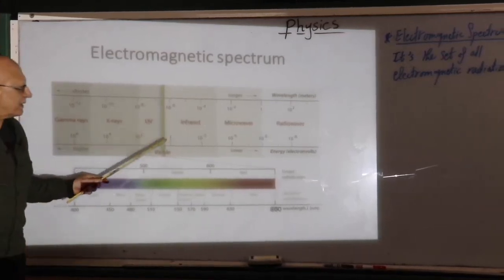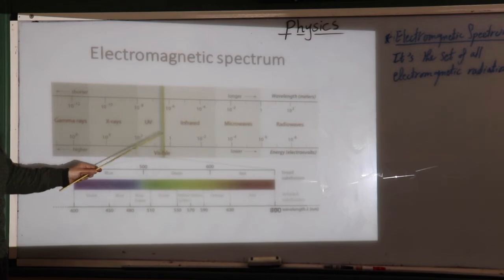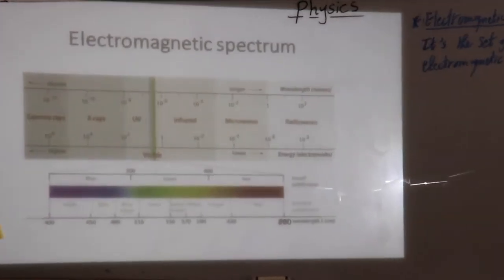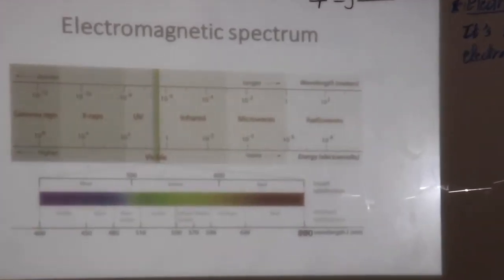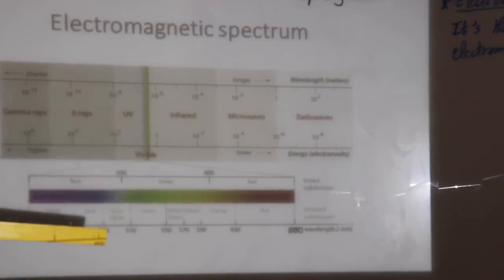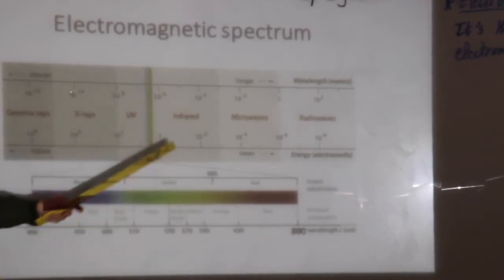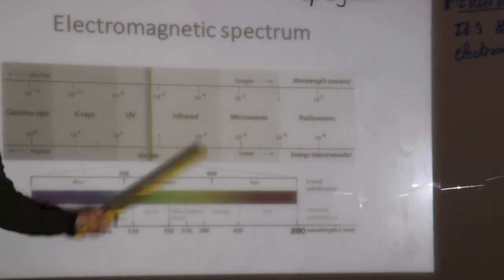After the ultraviolet radiation, you have visible light. All of us know the visible light, and it is the most important electromagnetic wave because it causes the sensation of vision. Then you have the infrared.